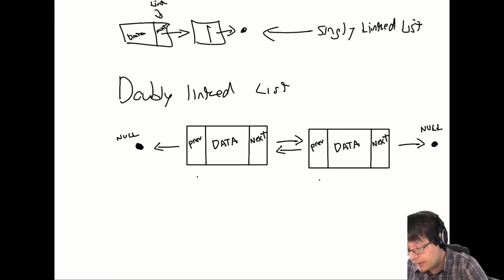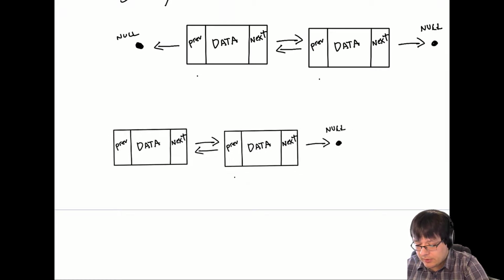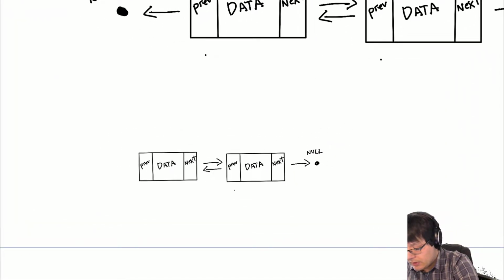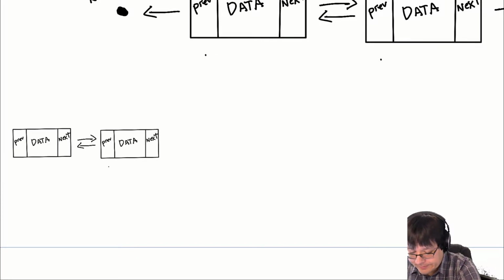And so if we draw this for a lot of nodes, let me go ahead and do that. Maybe I'll make it smaller so we can fit a couple. What that would basically look like, oh, there we go.